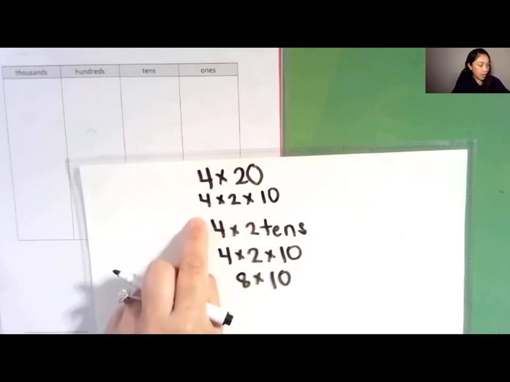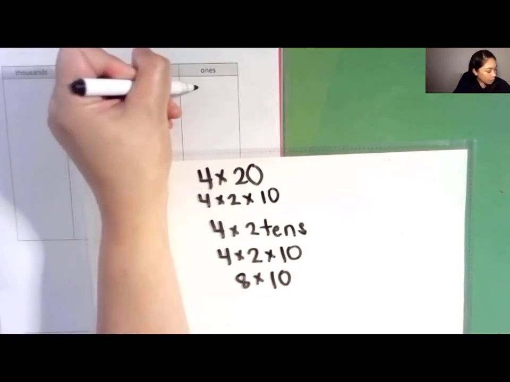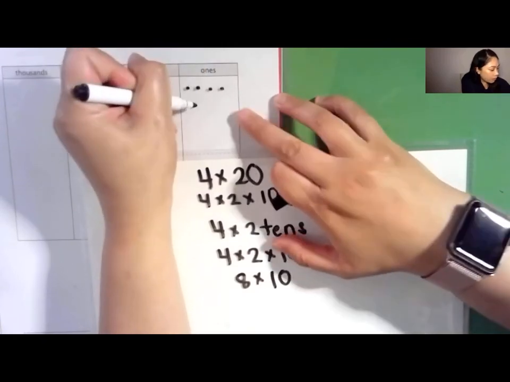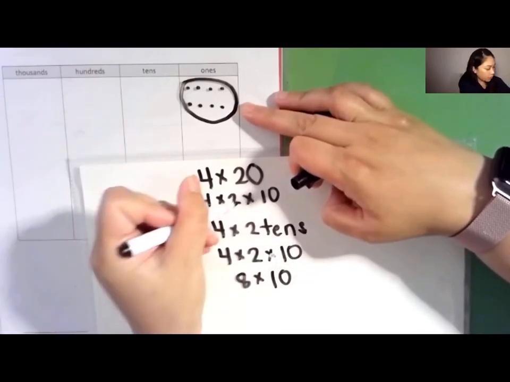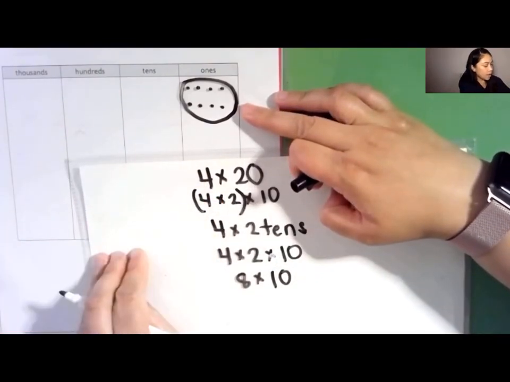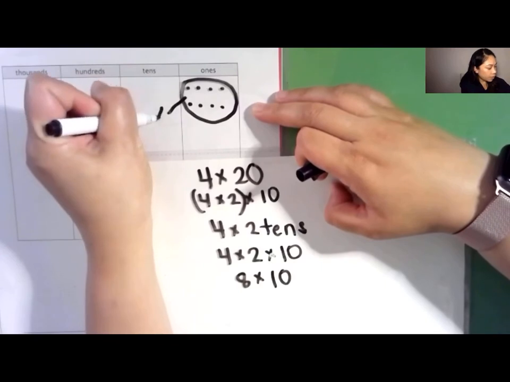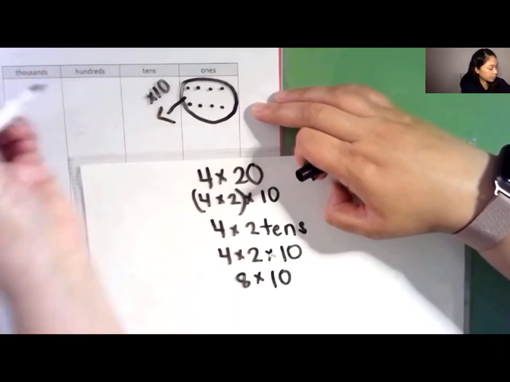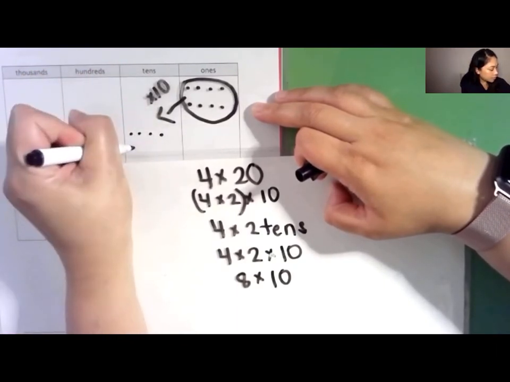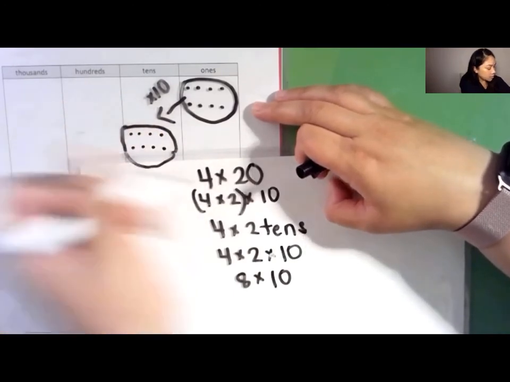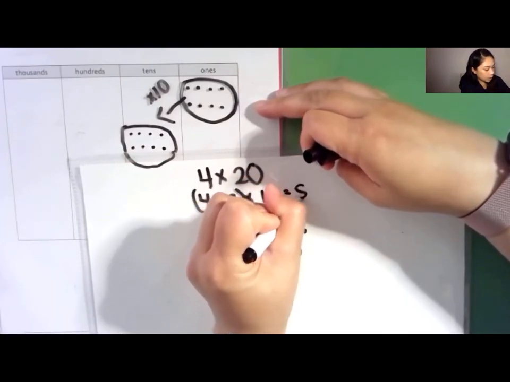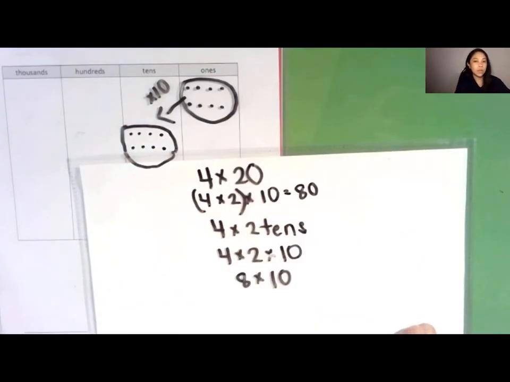And I can express that in my drawing by thinking about two groups of 4, which can be drawn like this. Two groups of 4. I then multiply the two groups of 4 times 10, and here we can see we have 8 tens, which equals 80. So 4 times 20 equals 80.